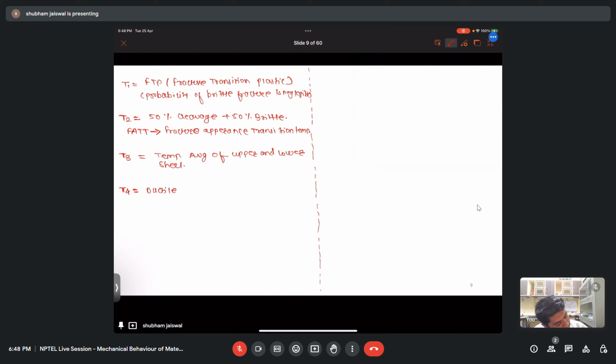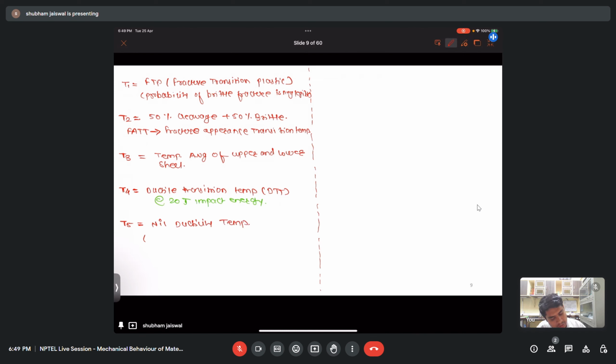Then we have the fourth temperature, T4, that is nothing but the ductile transition temperature or DTT, and it is given at 20 joule of impact energy. Now the fifth temperature, T5, is the nil ductility temperature.